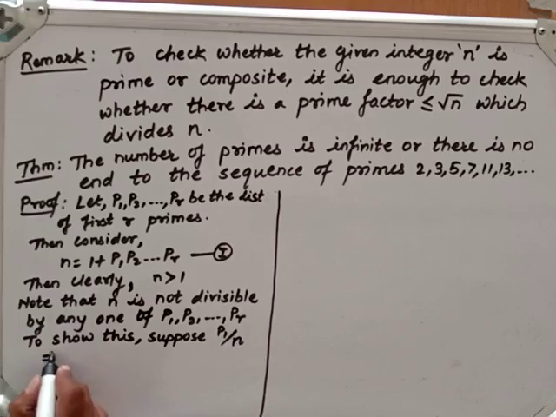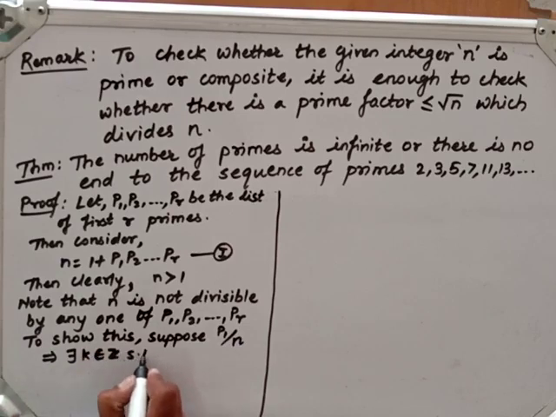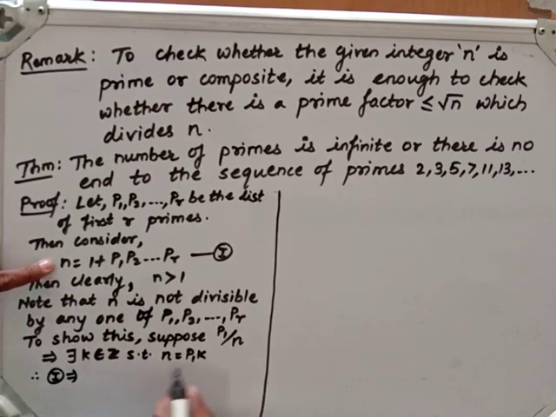If P1 divides n, there exists K in Z such that n is equal to P1 into K. Therefore, this equation 1 becomes P1K is equal to 1 plus P1, P2 and so on up to Pr.